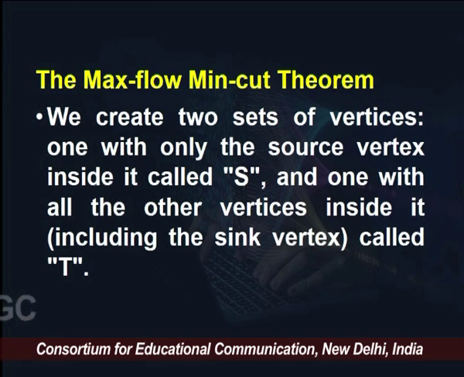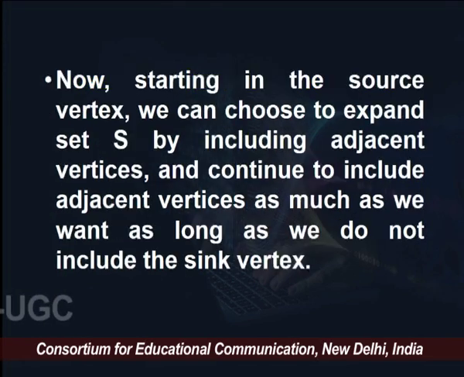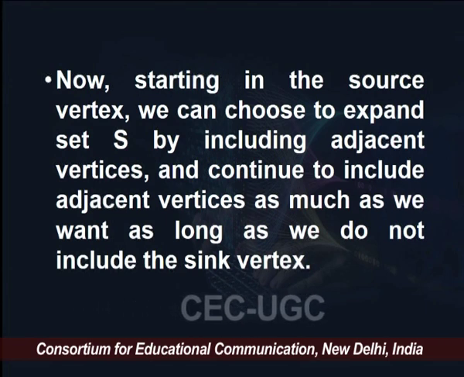So S is going to be the one set of the vertices, and all other vertices V1, V2, V3, V4 plus T, which is the sink vertex, are going to be on the other side of this partition, or will be in the other set of vertices. Now what are we going to do by drawing this kind of cut?